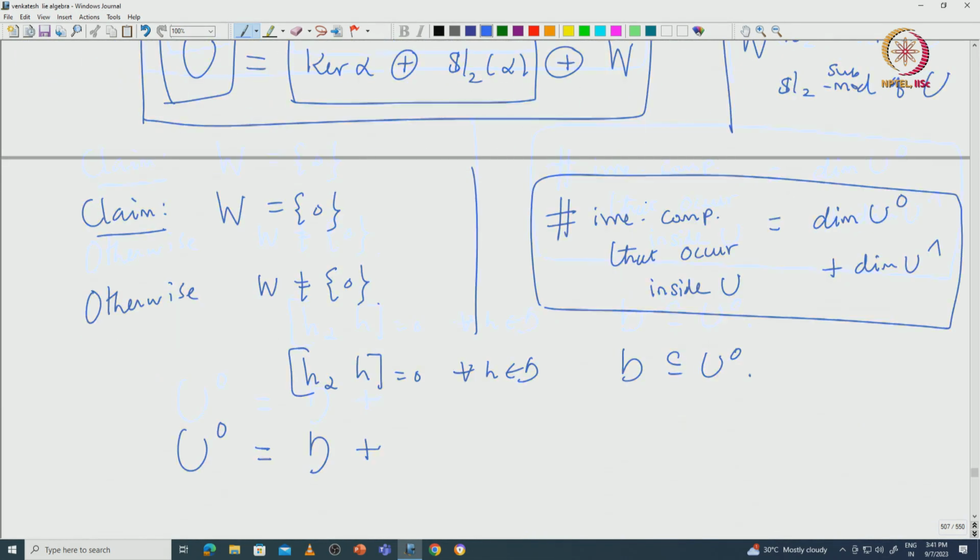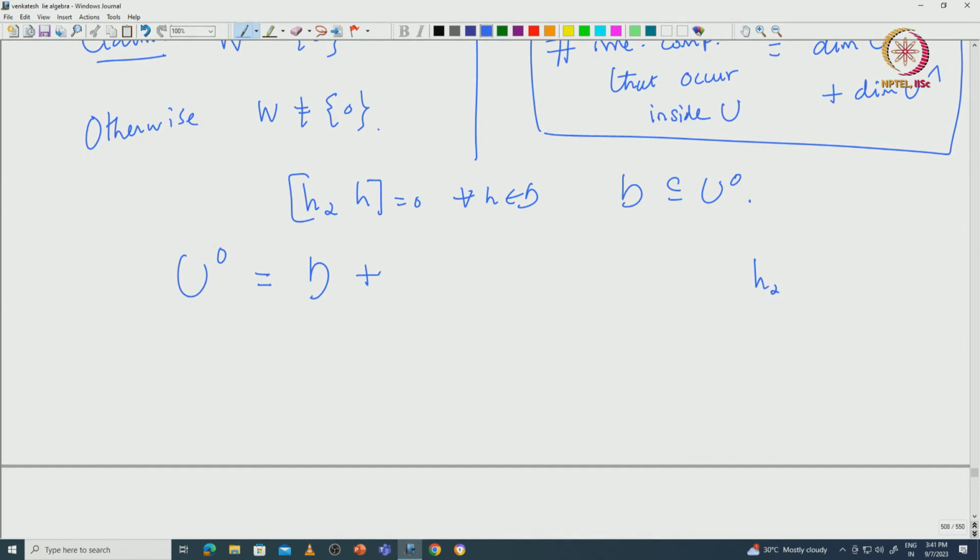But if you look at the action of H alpha on G C alpha, for X in G C alpha, the bracket of H alpha and X is exactly equal to 2C X. So, if this X comes from the 0th eigenspace, then that forces 2C to be 0, that means C being 0.